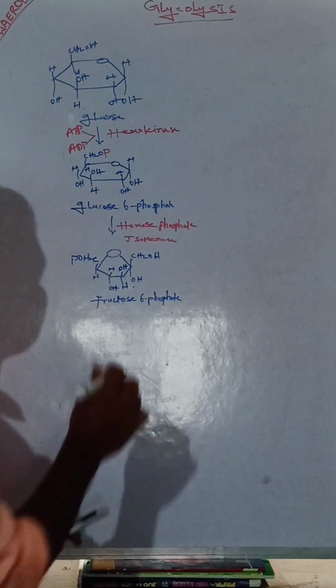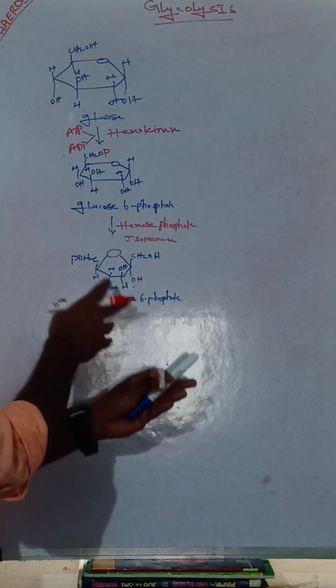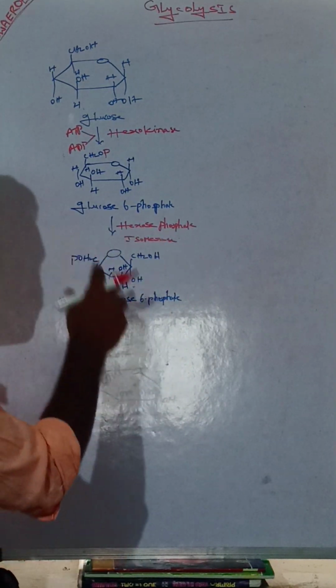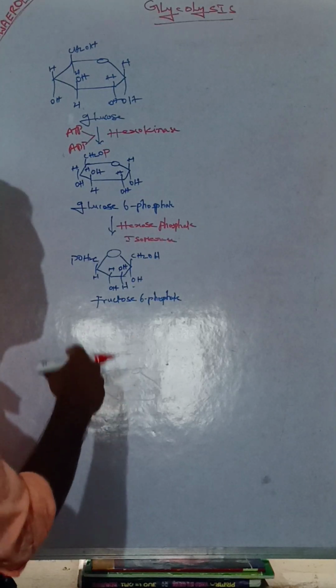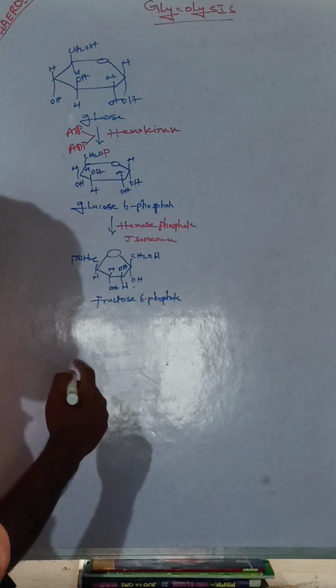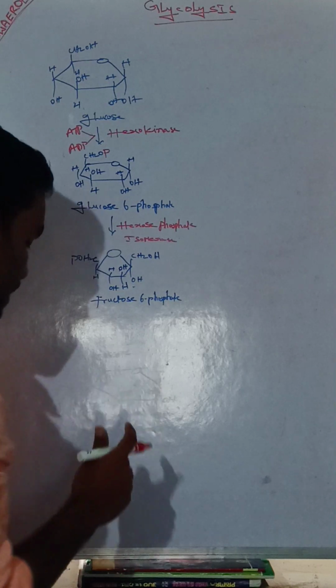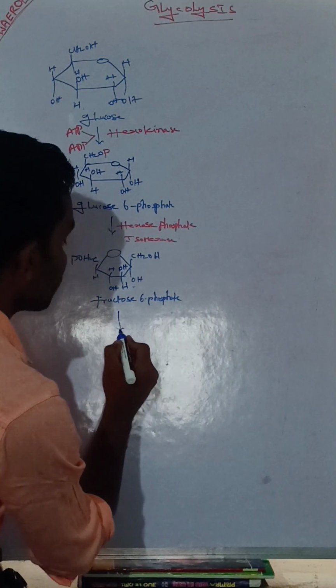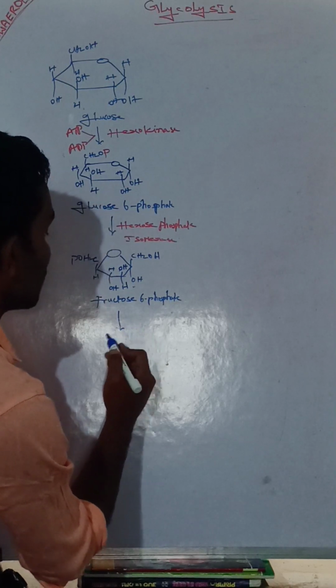When the glucose 6-phosphate turns to fructose 6-phosphate in the presence of hexophosphate isomerase, and this fructose 6-phosphate is subjected to the enzyme phosphofructokinase, what is the enzyme name?